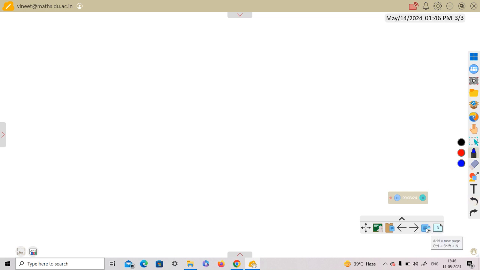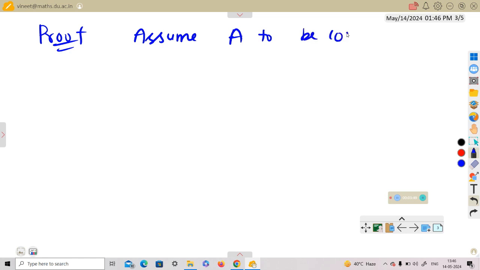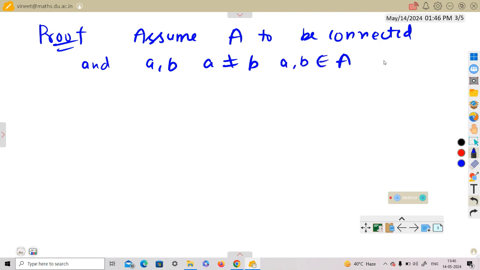Okay, now we begin with the proof. The proof goes like this. We will prove by contradiction. Assume A to be connected, and a, b belong to A, where a is not equal to b, with a, b belonging to the real numbers.